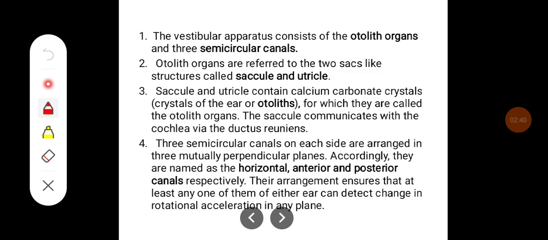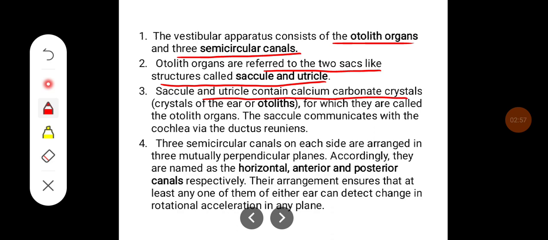The vestibular apparatus consists of otolith organs and three semicircular canals. Otolith organs refer to the two sac-like structures called saccule and utricle. Saccule and utricle contain calcium carbonate crystals, crystals of the ear or otoliths, for which they are called otolith organs.